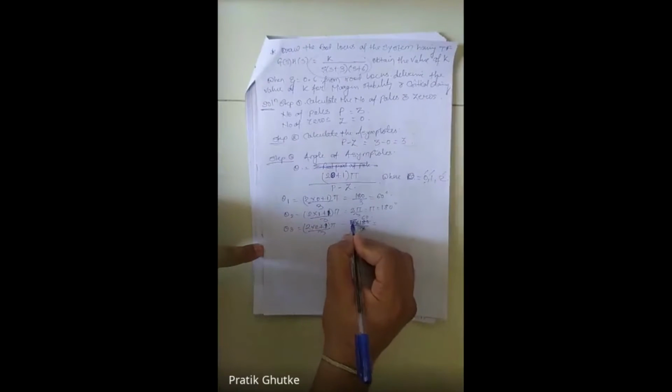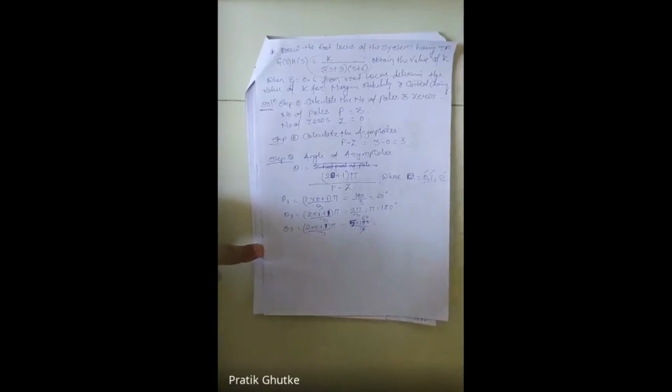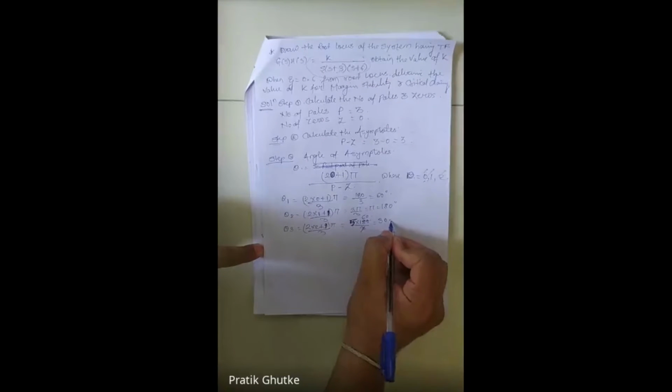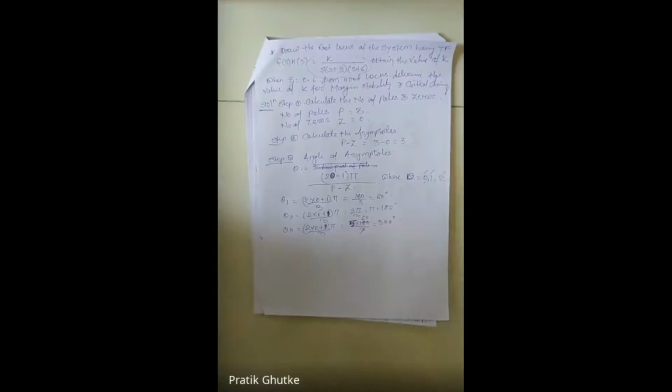Six 3s are 18, and here 5 pi by 3 means 5 into 180 divided by 3, which is 300 degrees. So have you understood how we have calculated the angle of asymptotes?